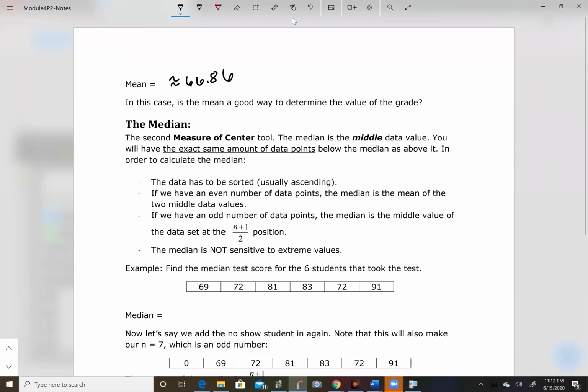Okay. So is the mean a good way to determine the value of the grade? In this case, I think that's written kind of funny. I think what it wants to say is, if you looked at the mean of a set of data, would it be representative of what a student might get on the test? In this case, it seems like it might not be, because it dragged it down.